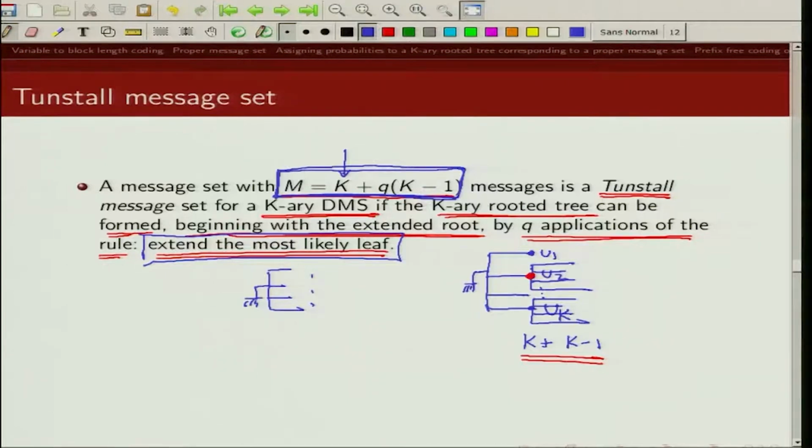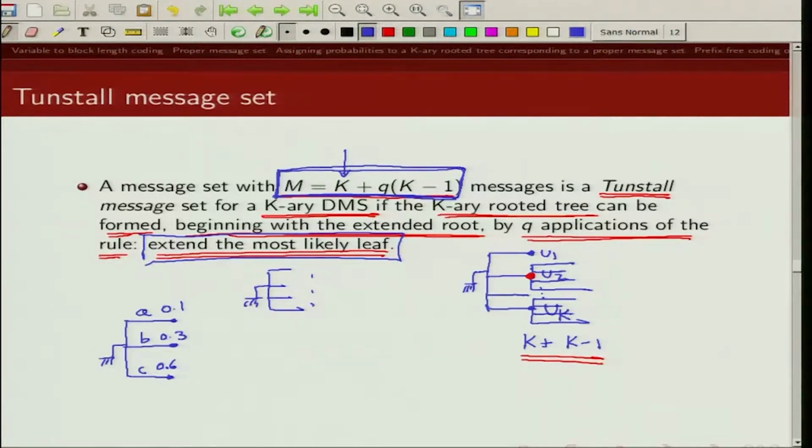So let us take an example of the ternary message set that we had. Let's say this was A, this was B, this was C, and the probability of A we took as 0.1, the probability of B as 0.3, and the probability of C as 0.6. This is a proper message set.